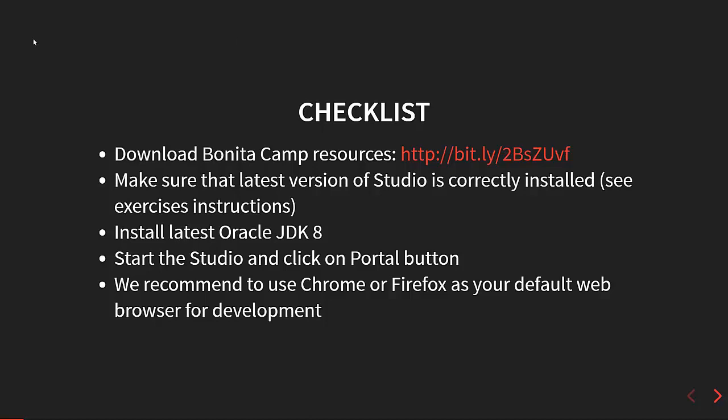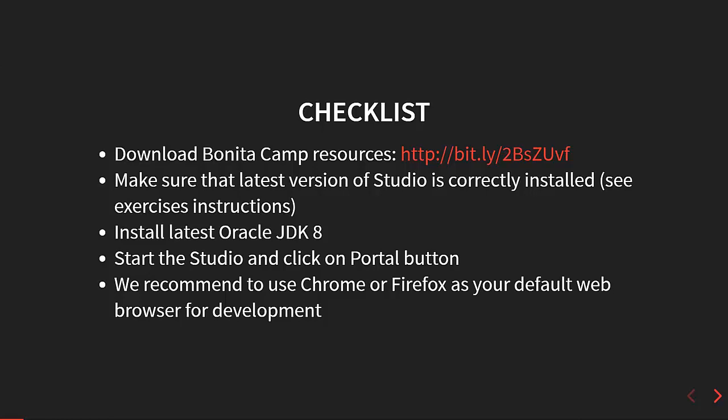So you can just type in the URL you see here, or you can go on github.com and search for Bonita Camp, and you will get the latest release there, and you can find the content that matches the link I provide on the slide here.